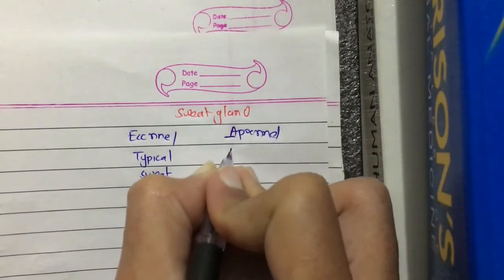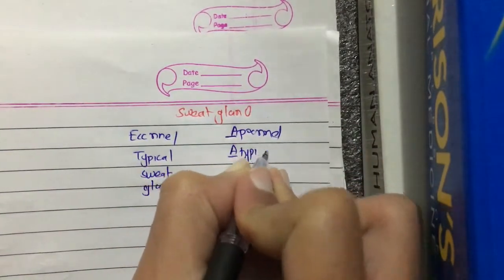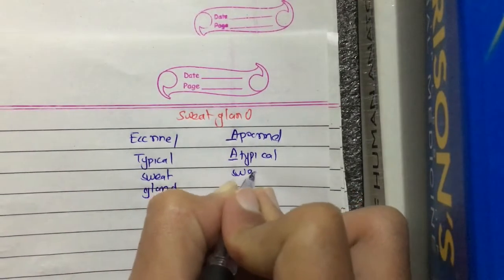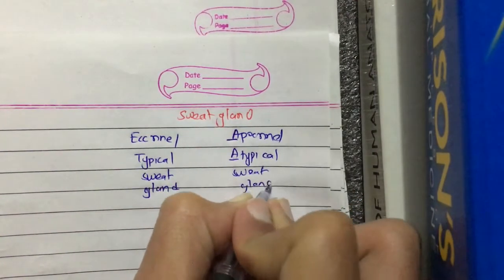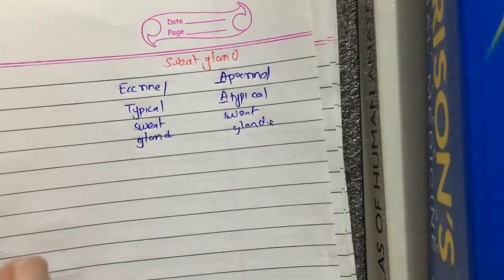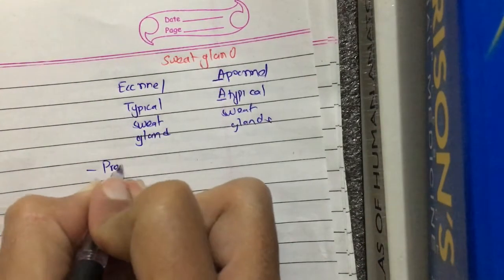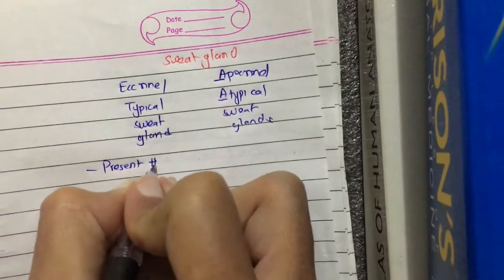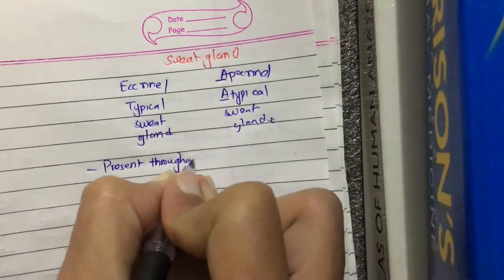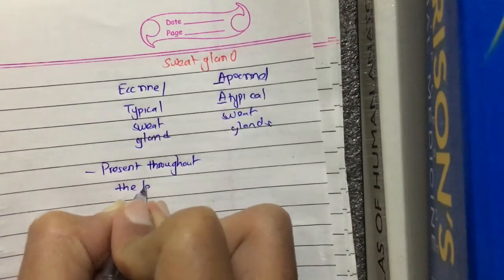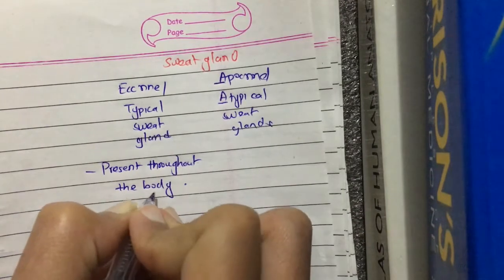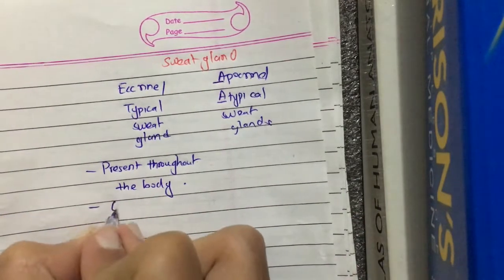A for apocrine, A for atypical. The typical sweat glands or eccrine glands are distributed throughout the body. They open on the skin surface.